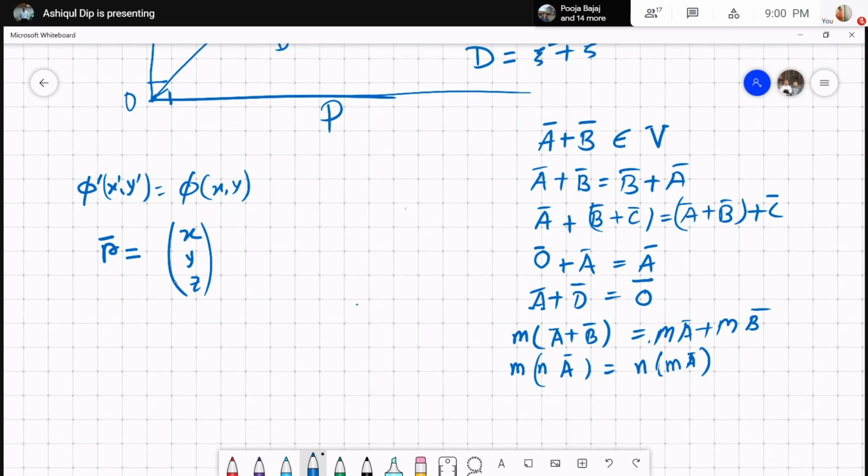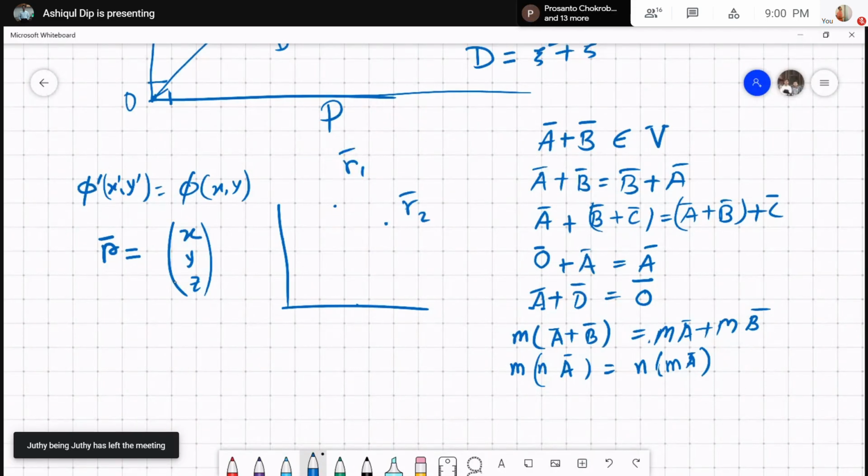So for 2 points on any space, you take 2 points, R1 and R2, and you can prove all of this out of it. That means our Cartesian coordinate representation of a point is a vector. Mathematically speaking, you can prove that. That's a pretty easy thing.